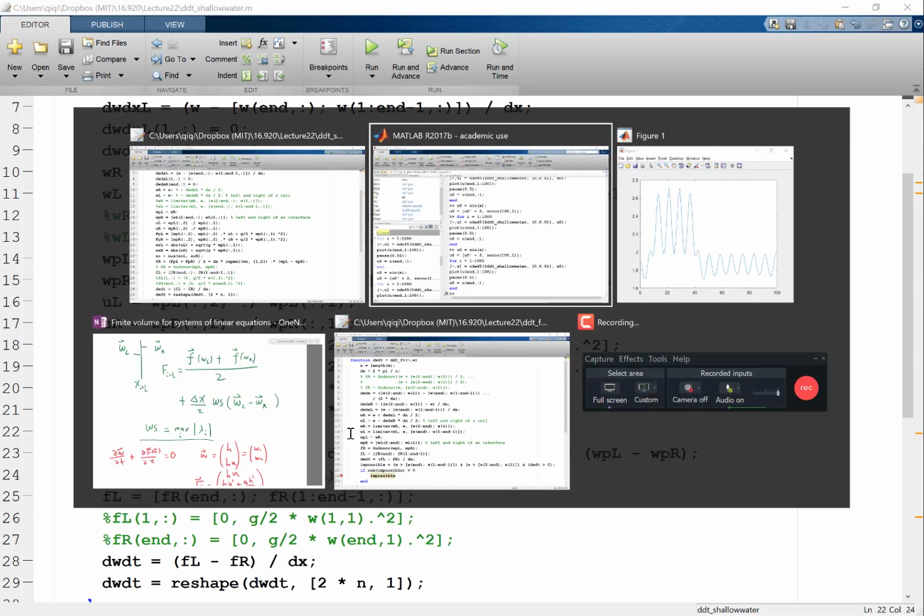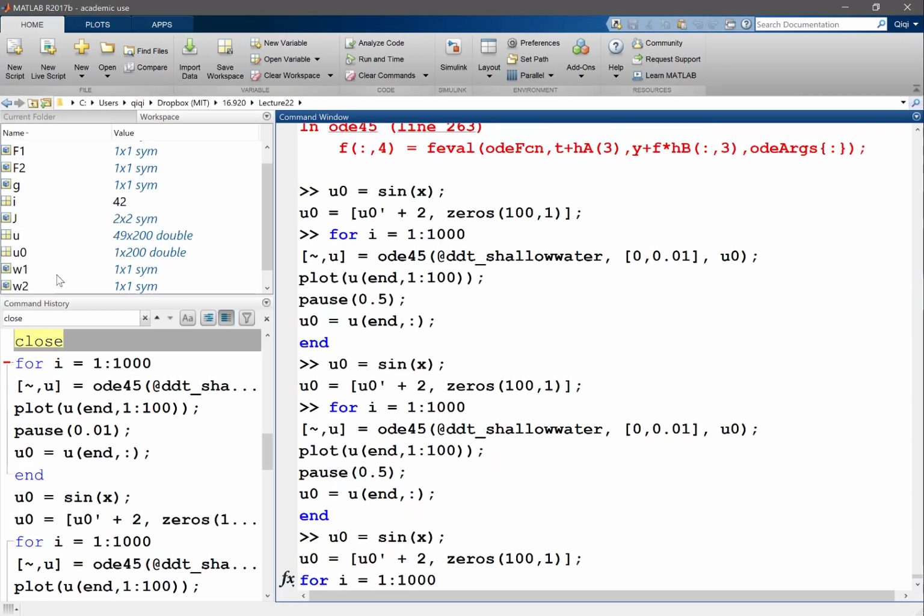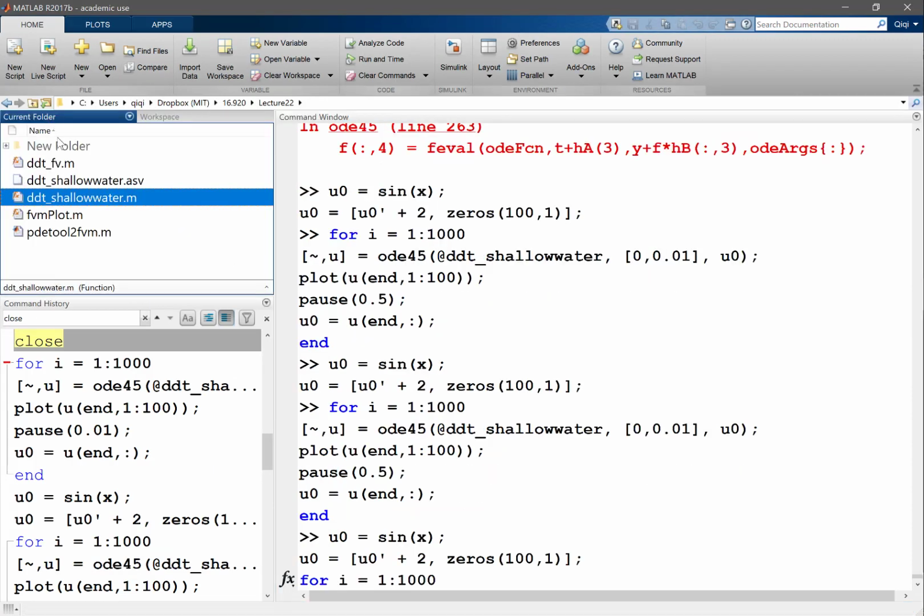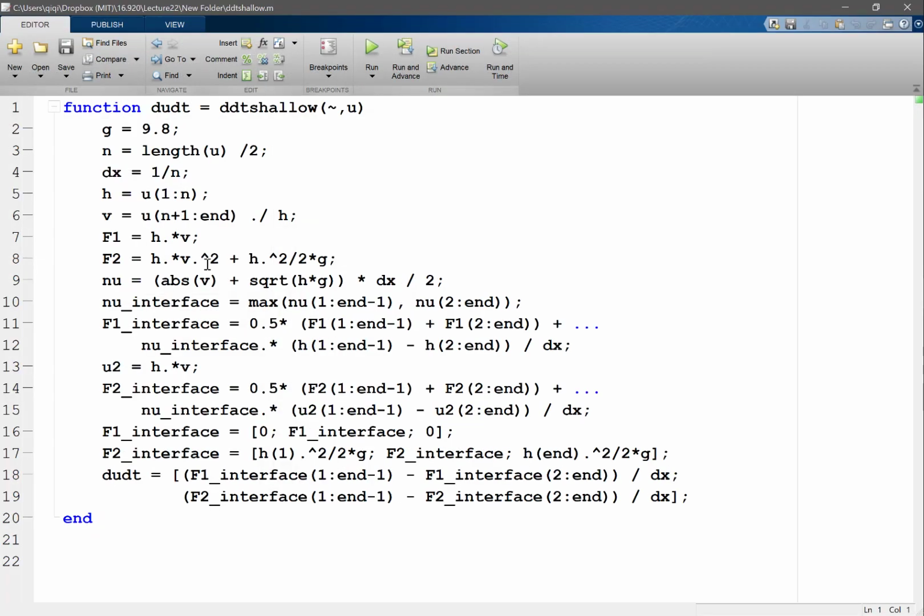Let me open up the code I did last year to see if there are any major differences. So that's the shallow water equation code I had last year. I had the average plus the new interface. That's the numerical dissipation I had, and it's the absolute value of v plus square root of gh.